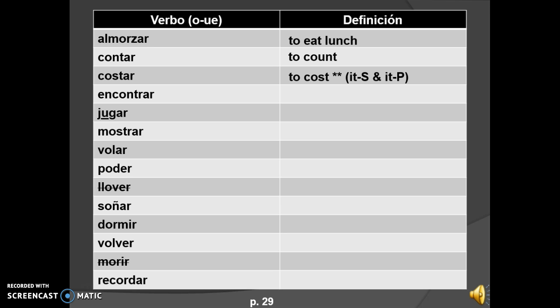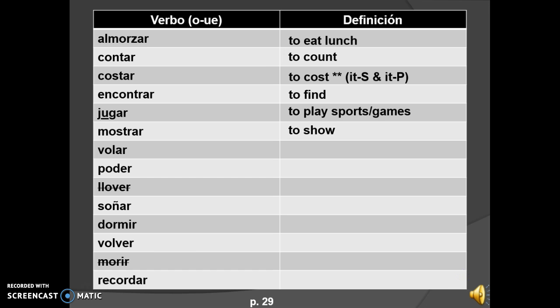The next one, encontrar, looks like encounter, and it means to find, so you definitely can make a connection there. Jugar is a little bit unusual in this column because it's not an O to UE, but a U to UE. It still follows the same procedures, but instead of changing an O, you're going to change the U to a UE. Jugar means to play games or sports.